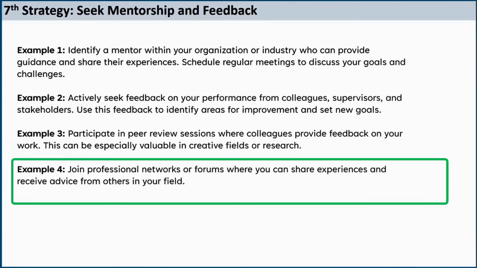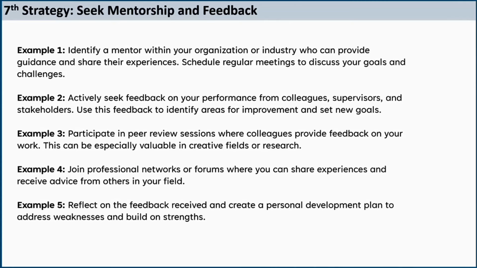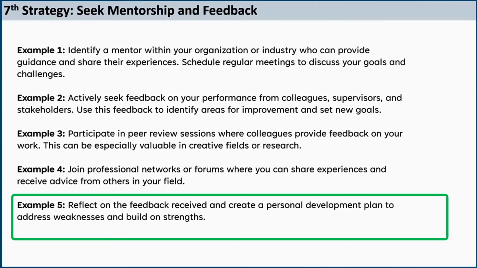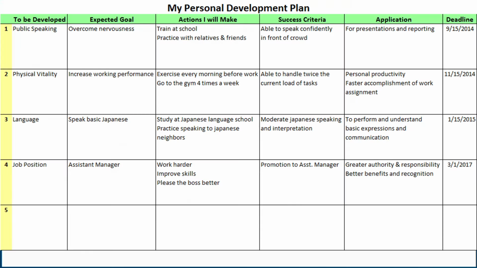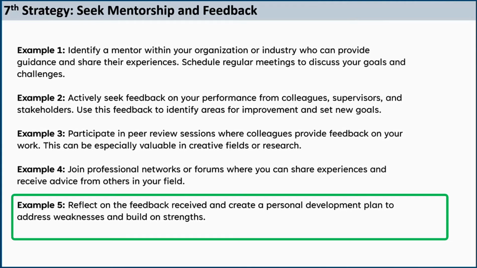Join professional networks or forums where you can share experiences and receive advice from others in your field. And reflect on feedback received and create a personal development plan to address weaknesses and build on strengths.